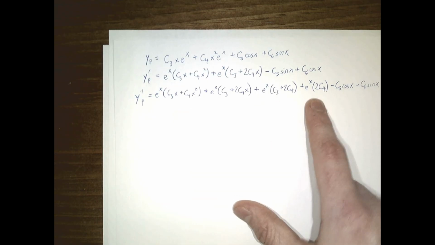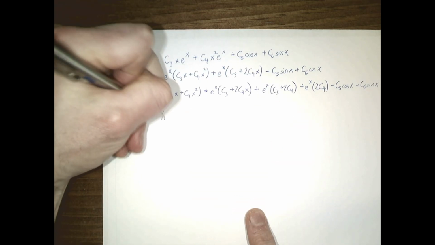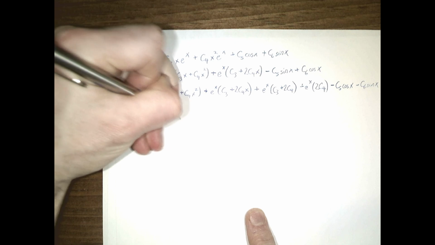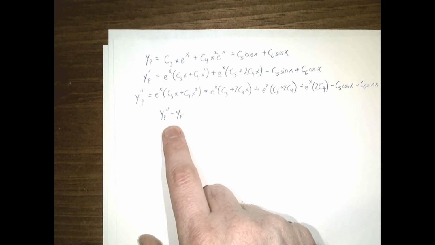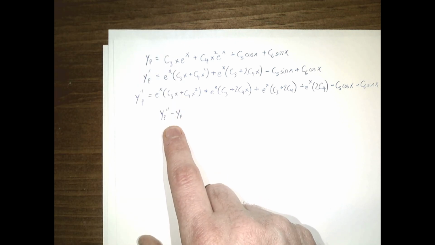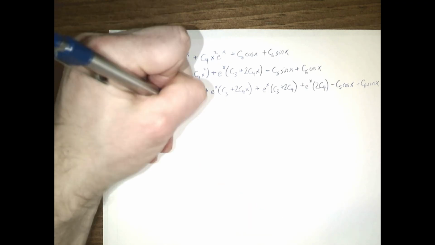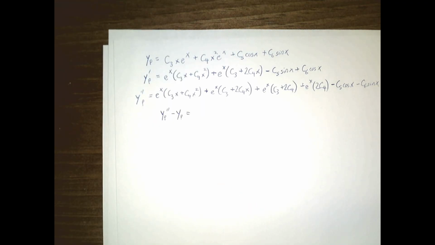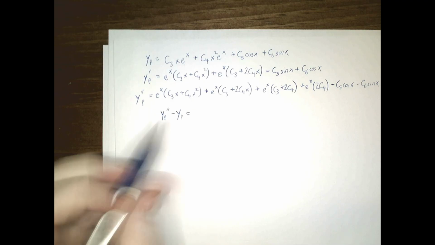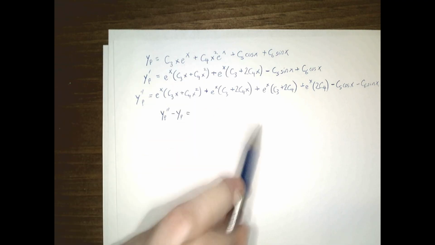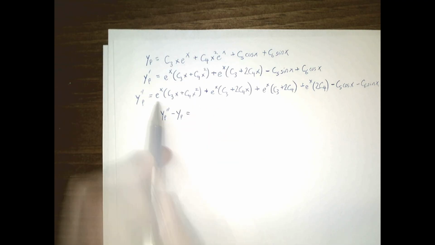So we've got a doozy here. I want to subtract y from the second derivative, and I'm going to match terms. So the way we're going to do this is, we have constants times e to the x.